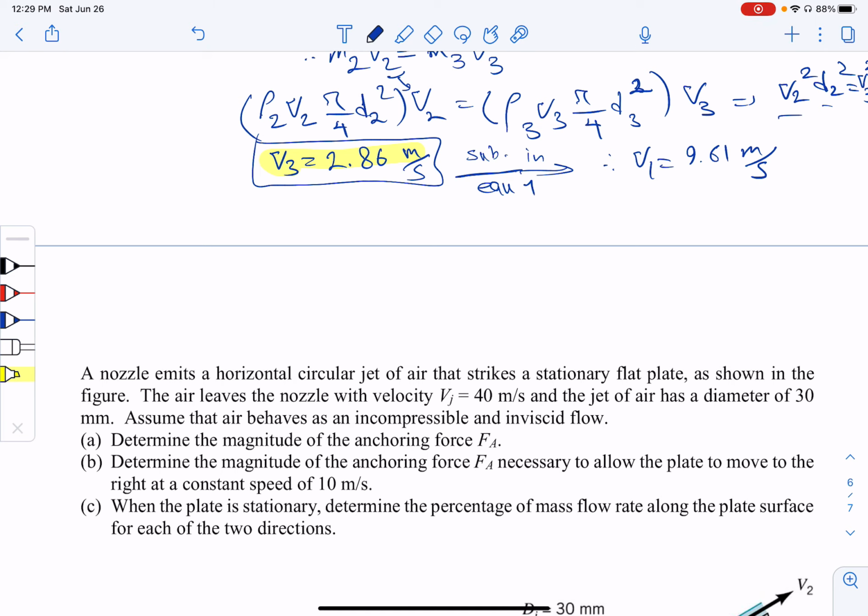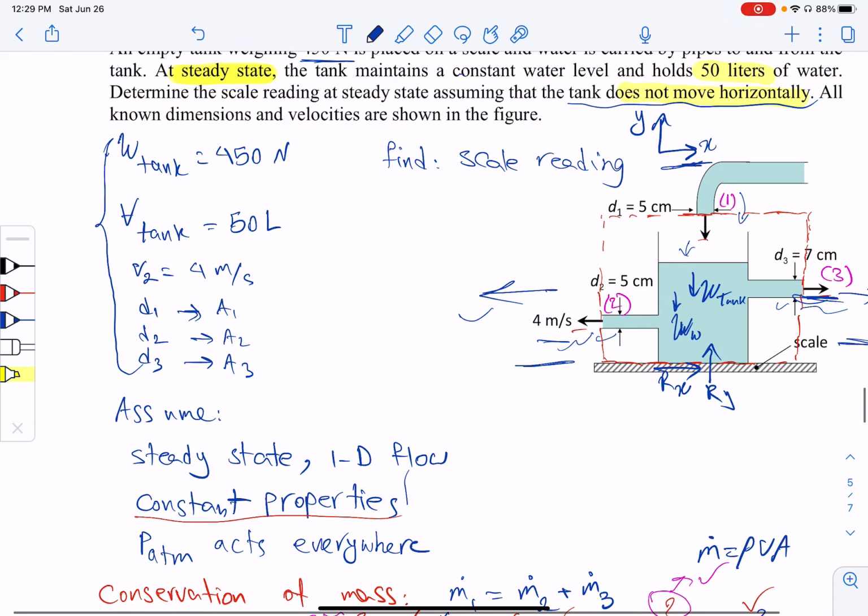Now we still didn't get the answer for the scale reading, so let's write down the conservation of momentum in the y direction.